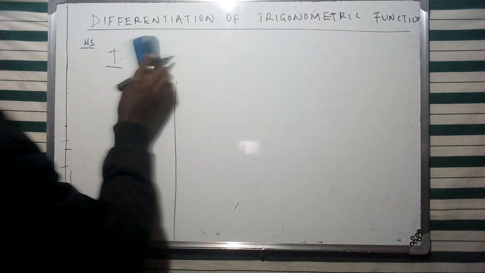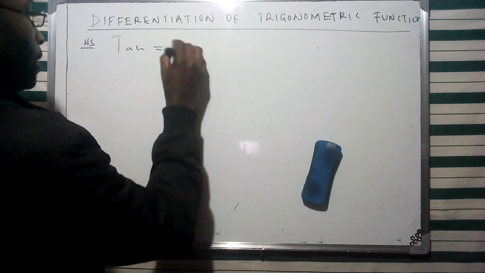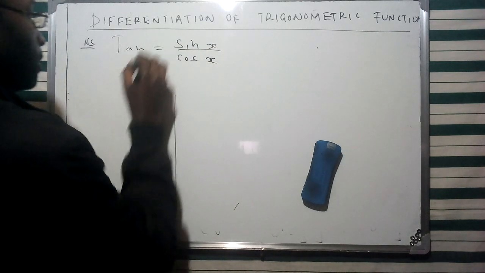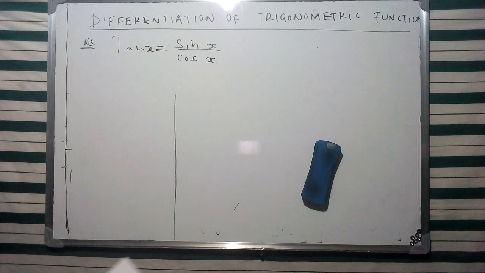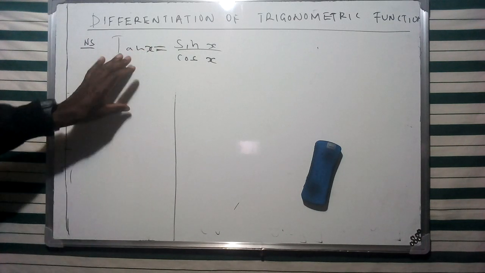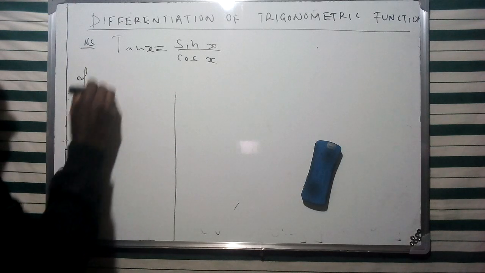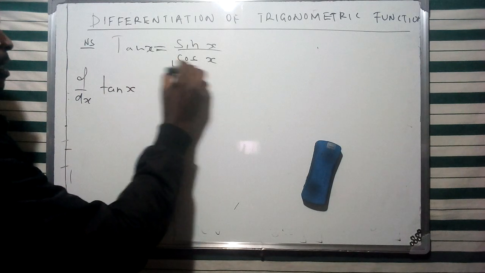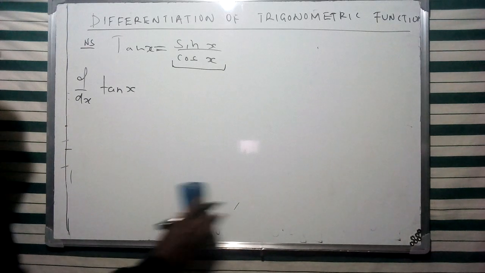So I'm just going to reduce this space so that we can have a large area for this evaluation. I've said that the tangent of x is equivalent to the sine of x over the cosine of x. And in this case, for us to find d over dx of the tangent of x, we're going to substitute it with this specific ratio which I've given for the sine and the cosine of x.